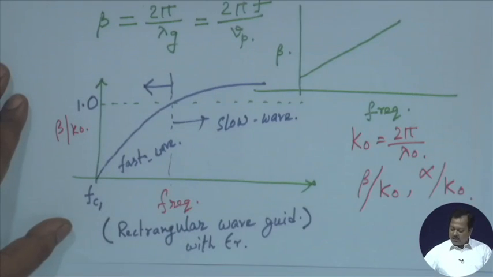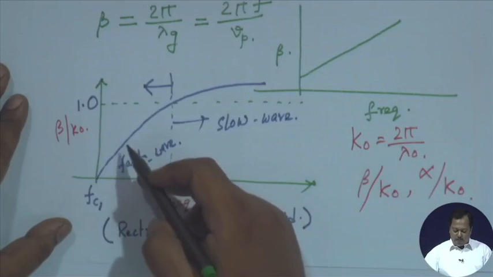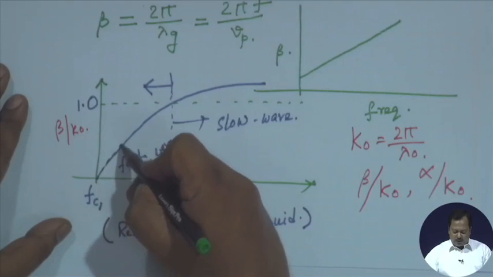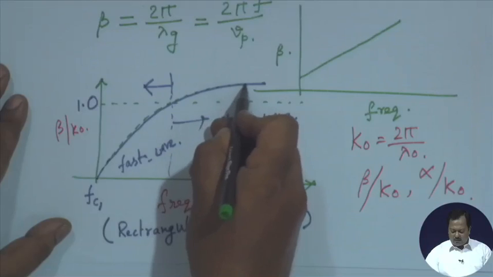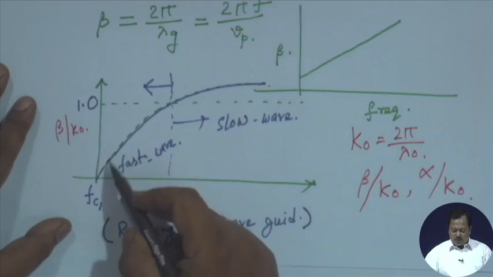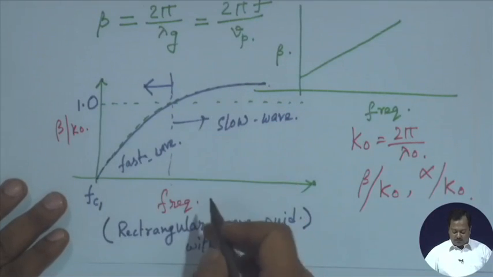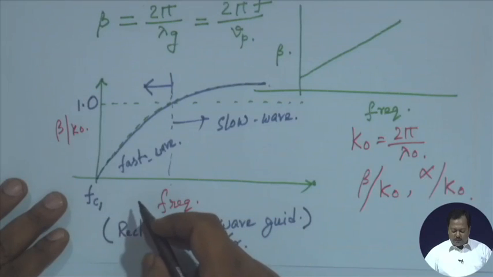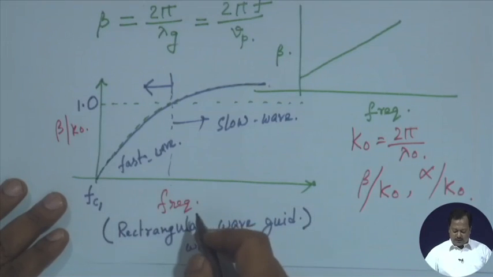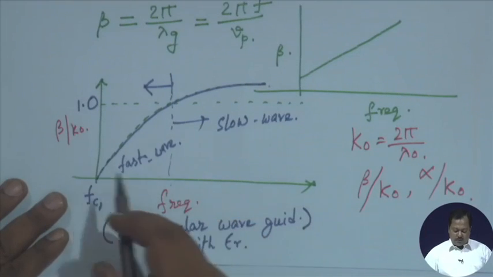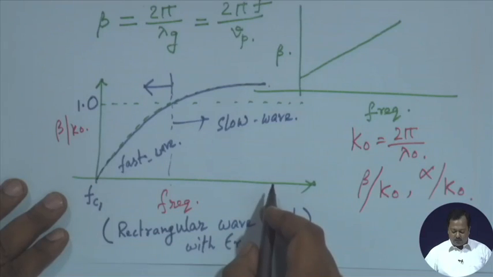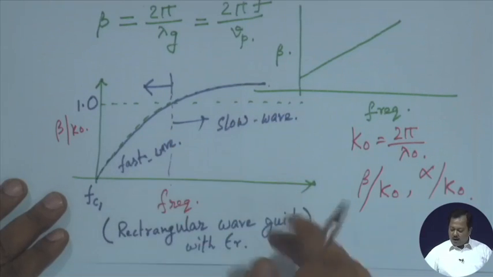So, ideally it should be a straight line, but since it is changing with frequency, that means it is dispersive. How dispersive this line is, we can understand from that beta by k naught plot. So, you see why this dispersion diagram is so important.